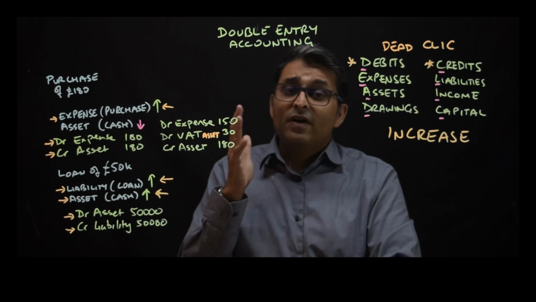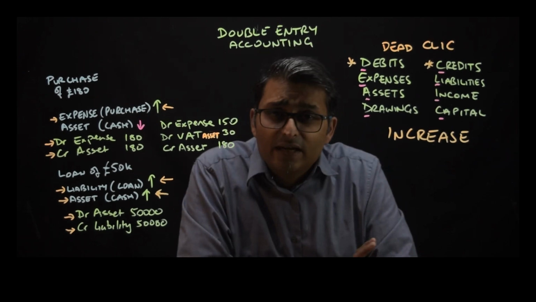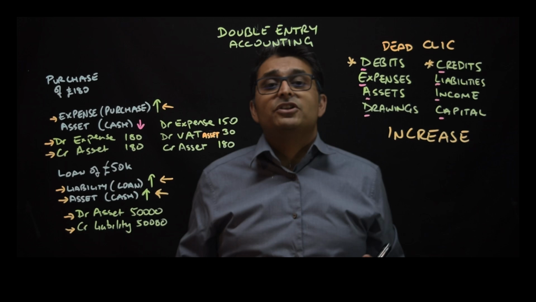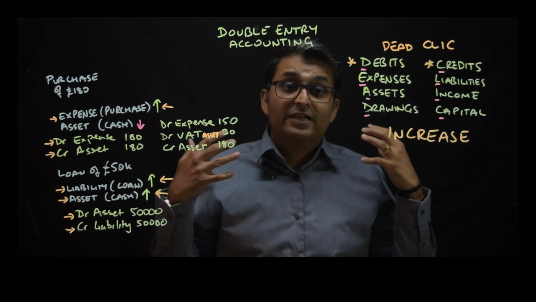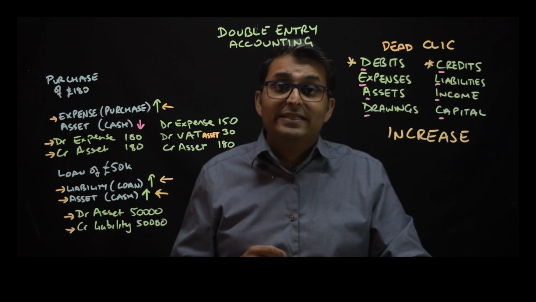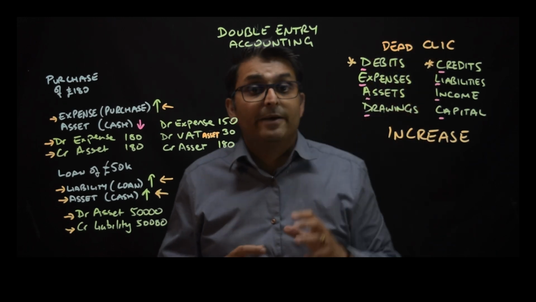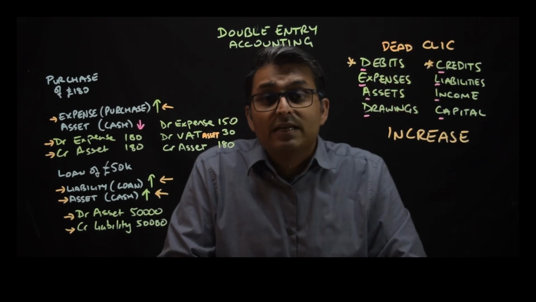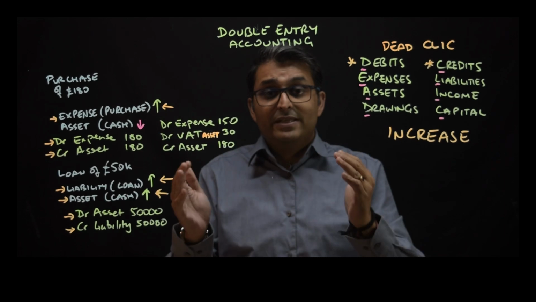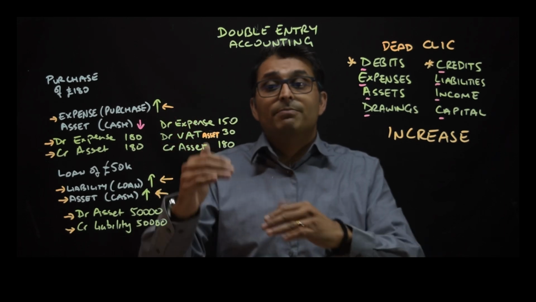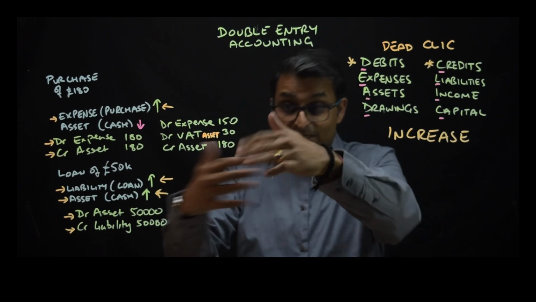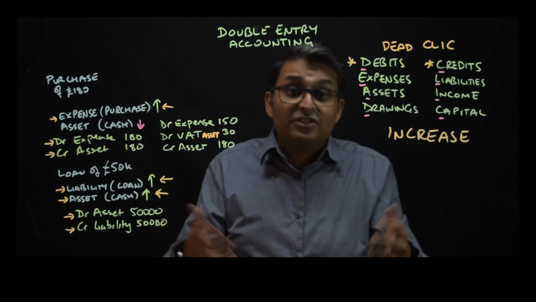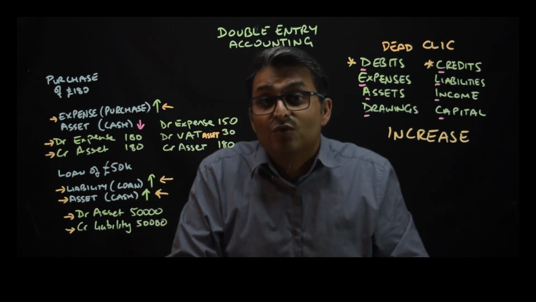Well, firstly, it provides an organization with a complete understanding of its financial profile by noting how a transaction affects both credit and debit accounts. Secondly, it makes spotting mistakes easier because debits and credits need to match. The amounts need to match. And so if the debits and credits don't add up, if they don't match, then something is wrong.